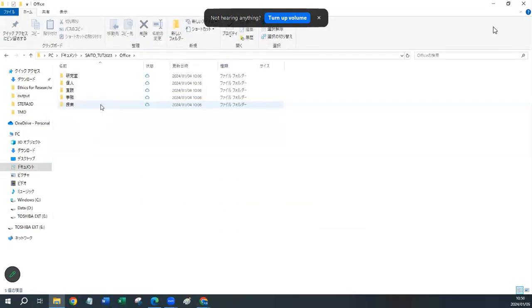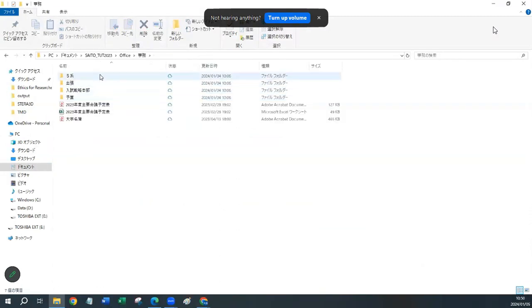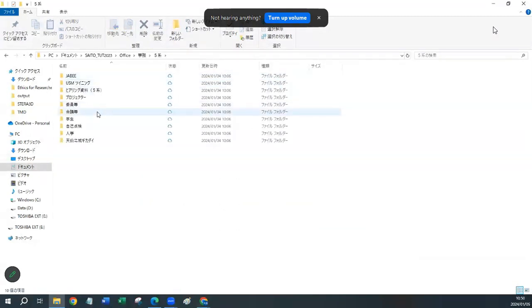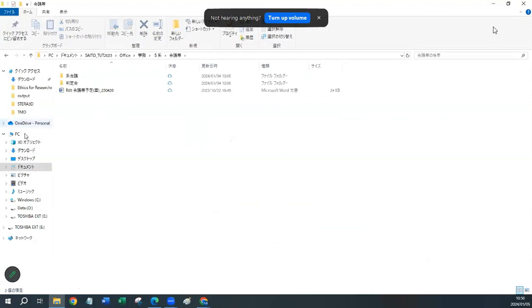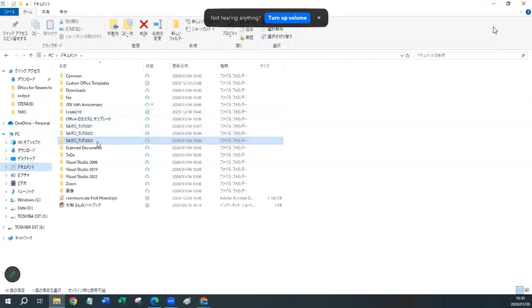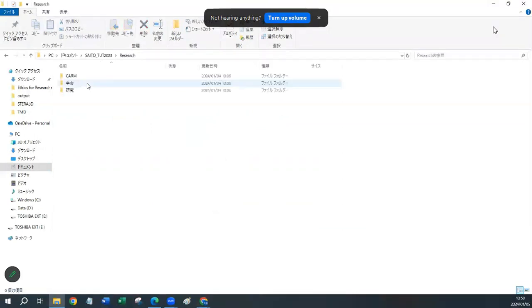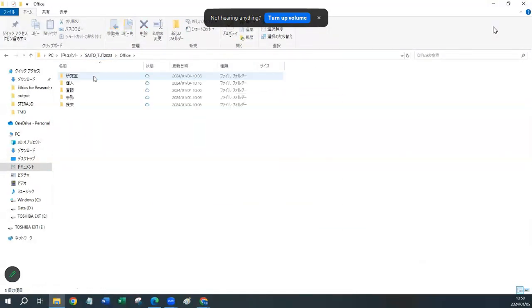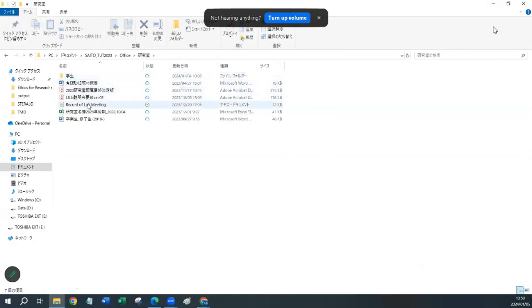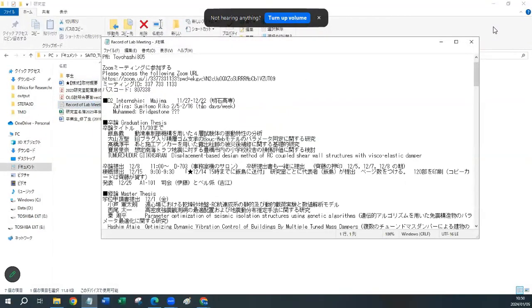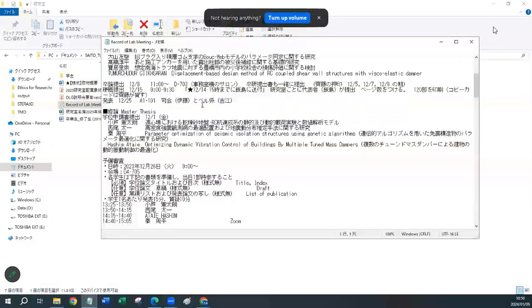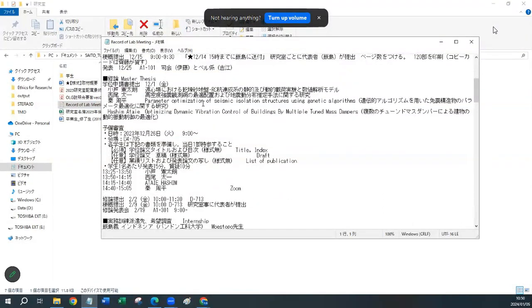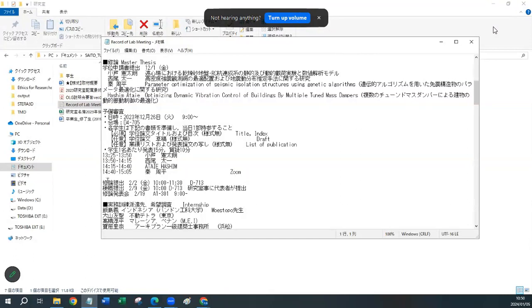Sensei, I think I remember last time they emailed the students about the submission. This is a lab meeting memo, maybe. I think the office will send to the students about the submission. Well, it is written here: 2nd of February.